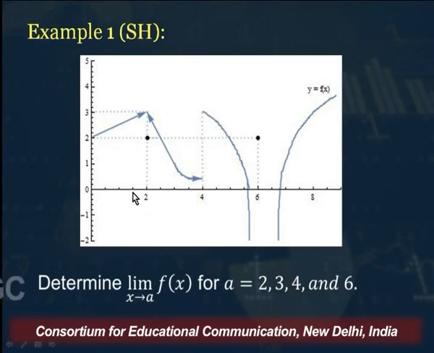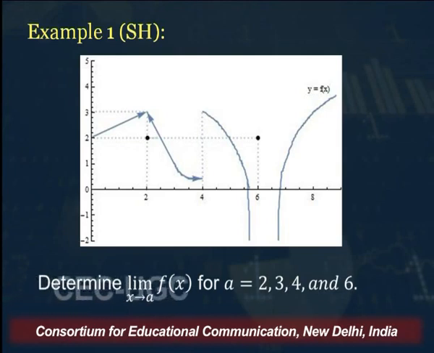Now if you see here, as x tends to 2 from the left, the function tends to the number 3, and similarly as x tends to 2 from the right, the function again tends to 3. So the left side limit and the right side limit both exist and they are equal, and that then is the limit of the function as x tends to 2, which is 3.